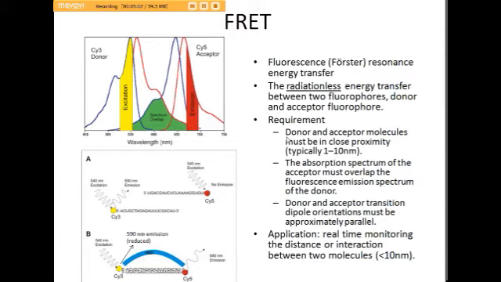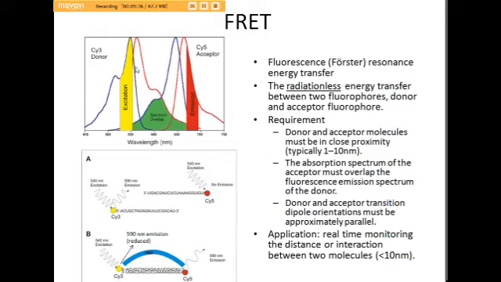The second is the spectral requirement. That is, the absorption spectrum of the acceptor must overlap the fluorescence emission spectrum of the donor. In this case, we can see that the emission spectrum of Cy3, which is this red line here, overlaps with the acceptor's, Cy5's, excitation spectrum.